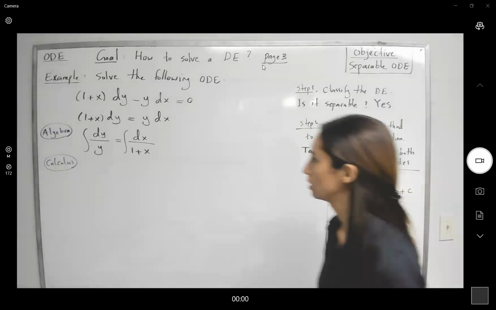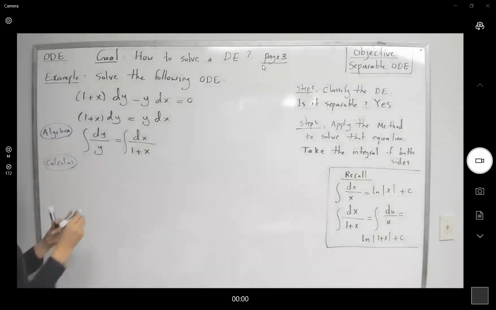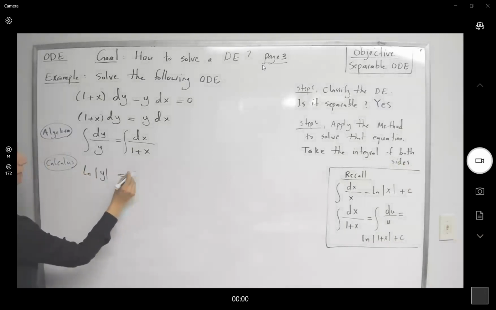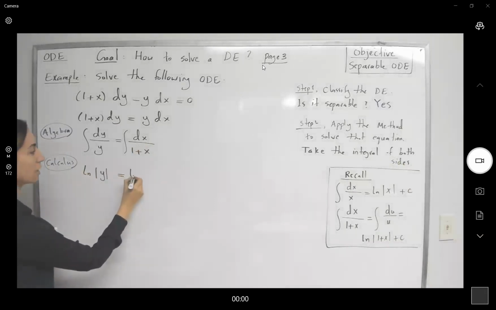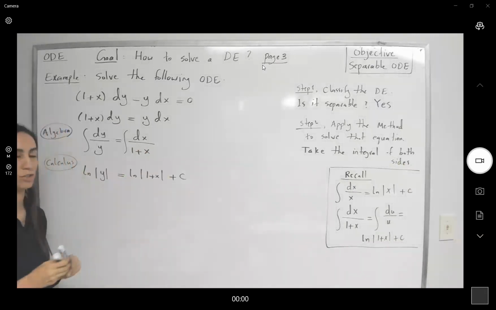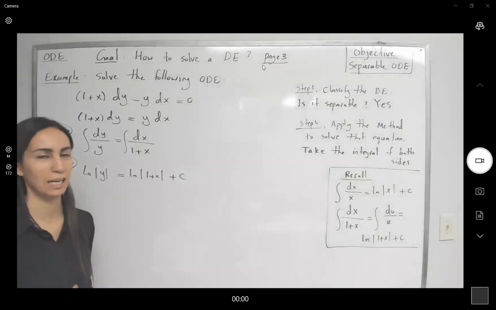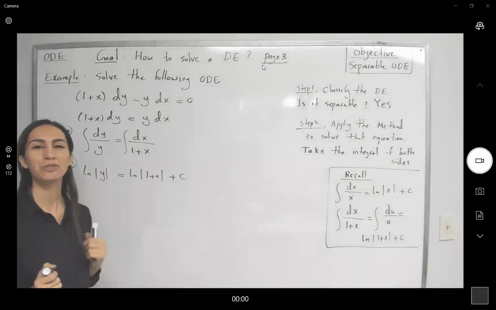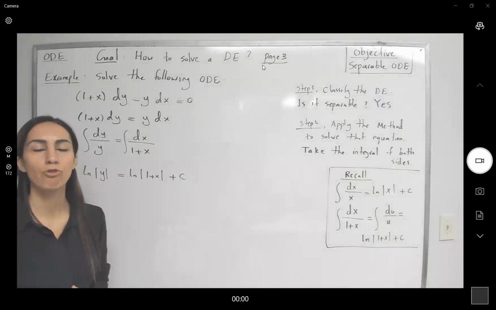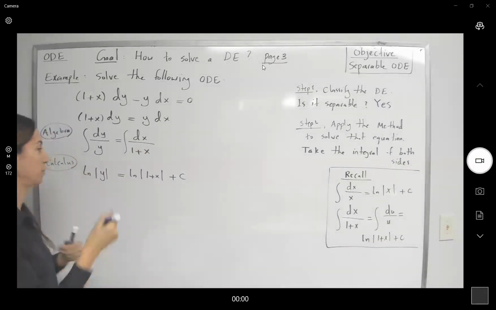Okay, so the integral on the left-hand side is going to be ln of absolute value of y, and the integral on the right-hand side is ln of absolute value of 1 plus x plus the constant of integration. We are done with the calculus part. Now we have to use algebra to write this in implicit form or explicit form.